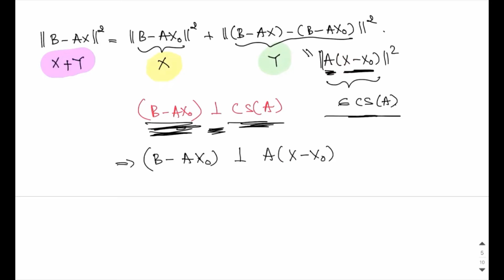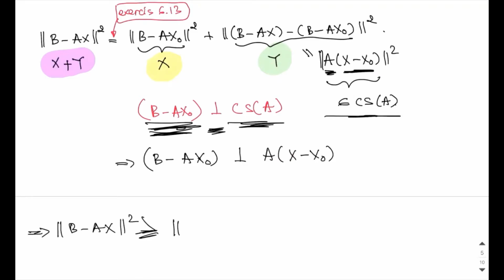And because the vector x and the vector y are perpendicular, they satisfy the Pythagorean theorem. From here, we have the fact that the squared length of b minus Ax is greater than or equal to the squared length of b minus Ax0 plus 0, because this part is a square, so this part is greater than or equal to 0.